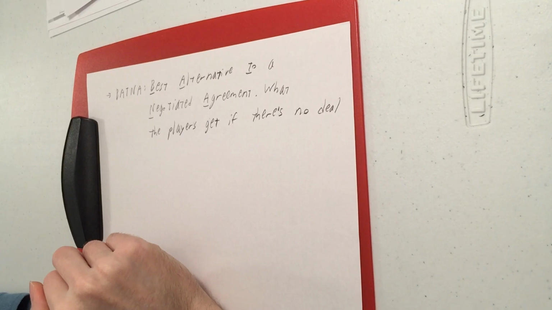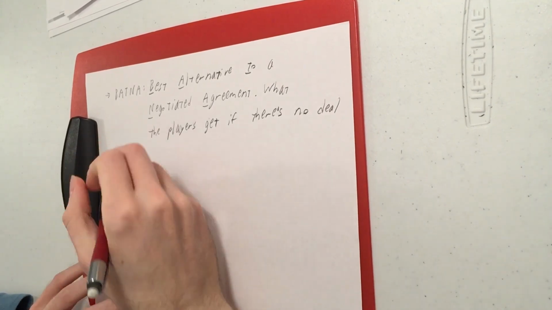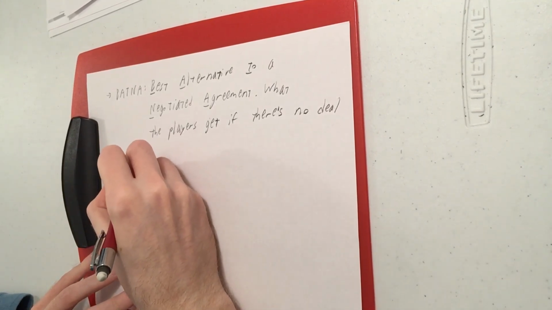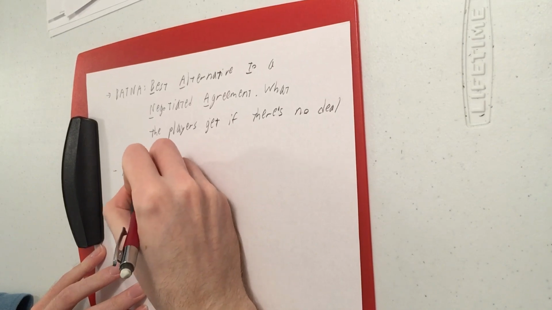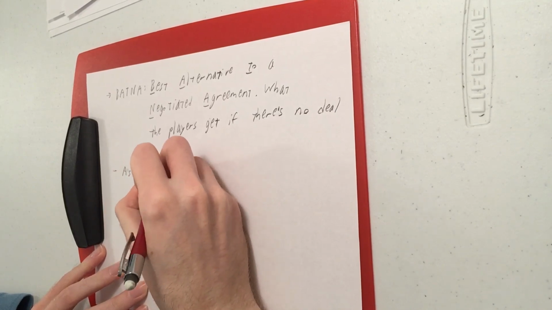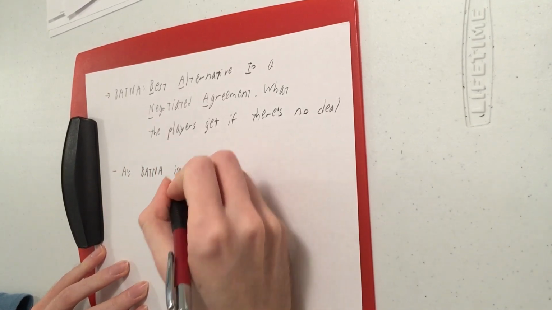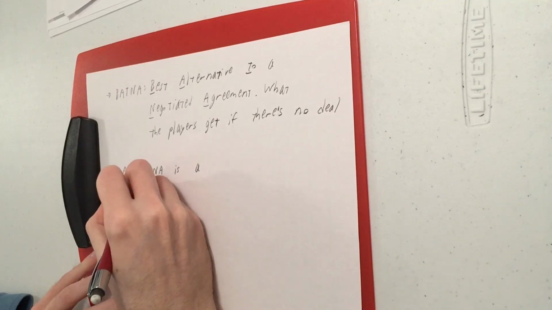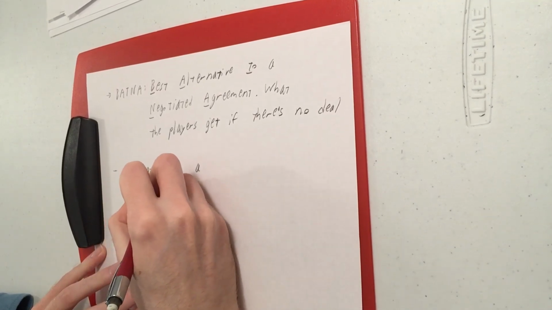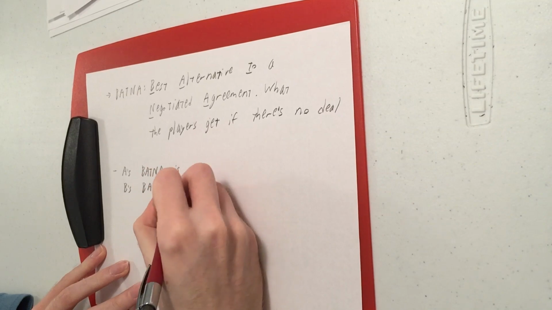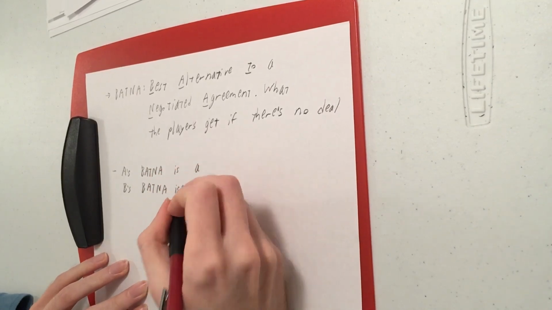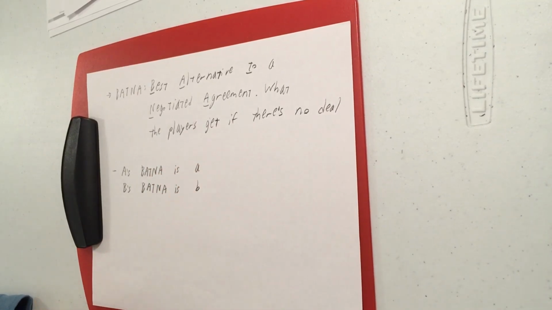So for notation, person A's BATNA is going to be lowercase a, and B's BATNA will be lowercase b.